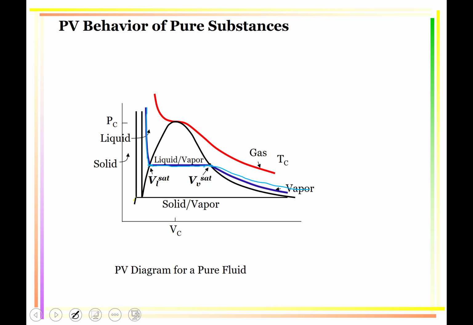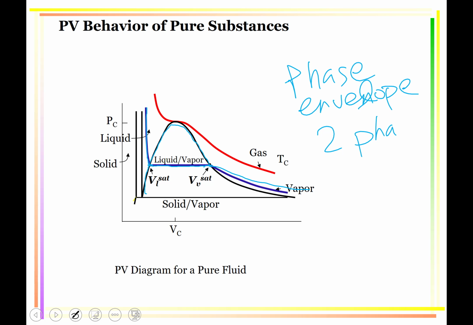So this line here is called the phase envelope. Underneath that phase envelope, we have two phases of vapor and liquid. Okay, so this is all in here, vapor and liquid.